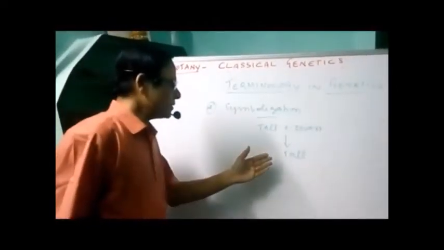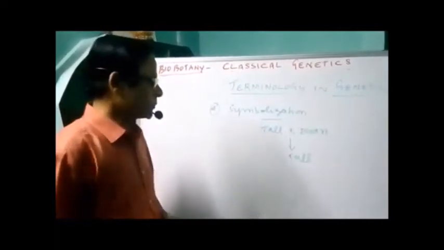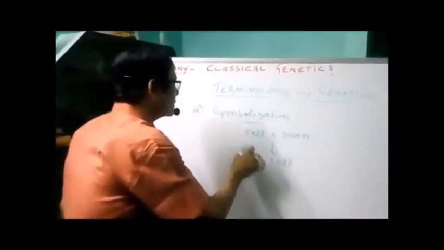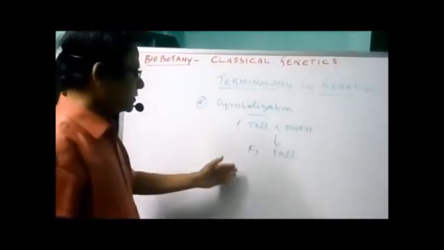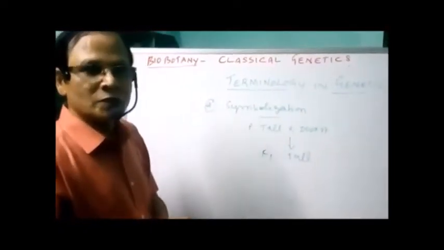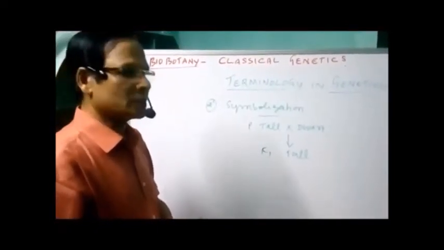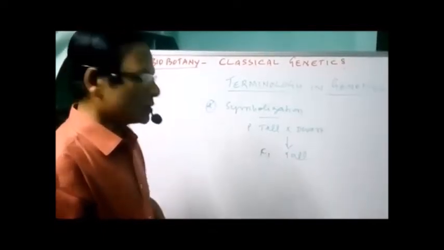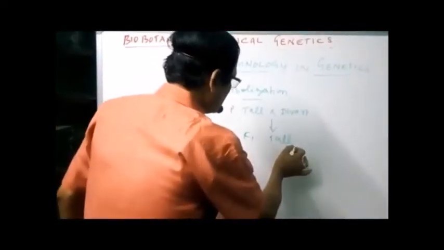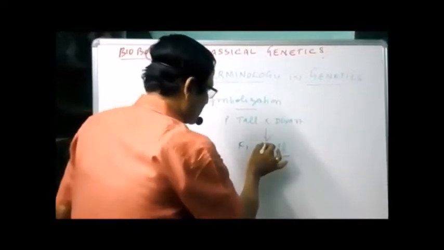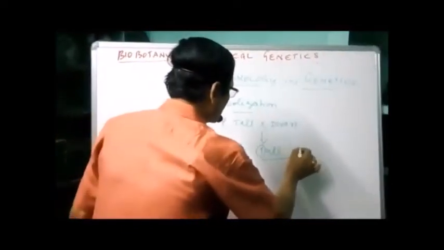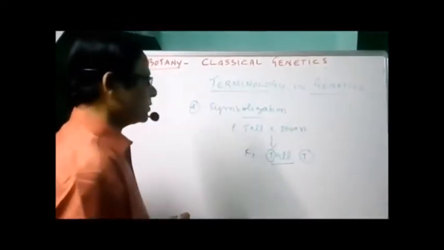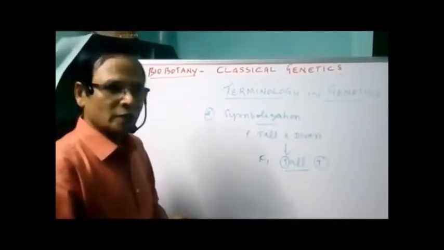So the character which appears or is expressed in the F1 generation, these being the pure-breeding parental varieties, is called the dominant factor, or dominant character. As it is a dominant character, we take the first letter of that dominant character as the gene. So capital T is the gene for the tall trait.